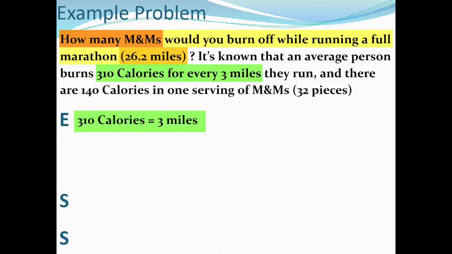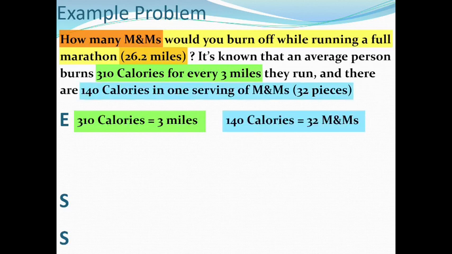And when we say there's 140 calories in a serving of M&Ms, which is 32 pieces, then we can say 140 calories equals 32 M&Ms. And that way we can just be focused on the numbers and their units and how they fit together into these unit equations. So simple equations just kind of pulled out of those words.